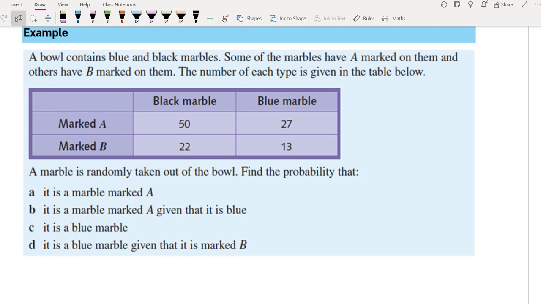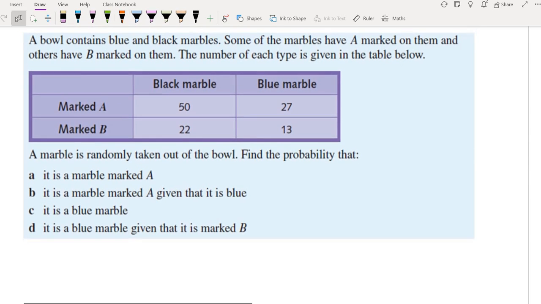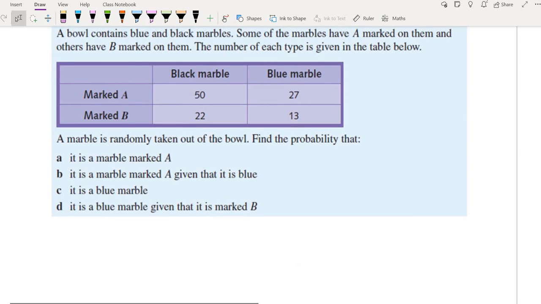Alright, let's jump into another example here. We're just picking up some marbles out of a bowl. They are either blue or black, and some of them are marked A and some of them are marked B, and this is a two-way table to show all of that information.